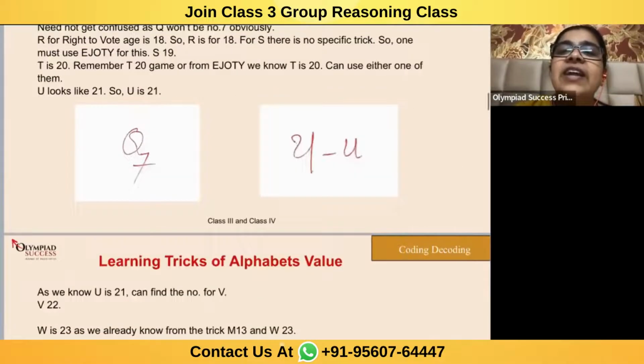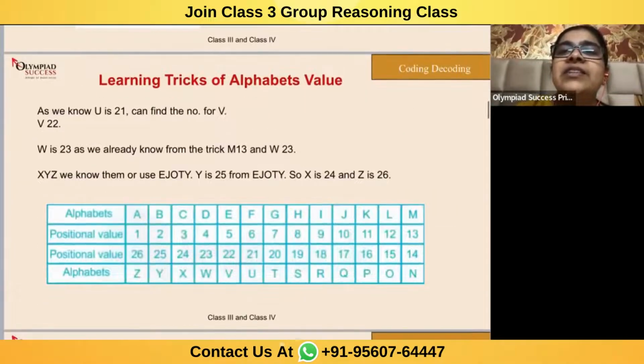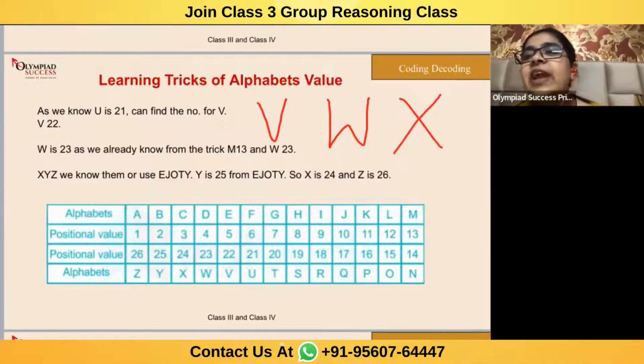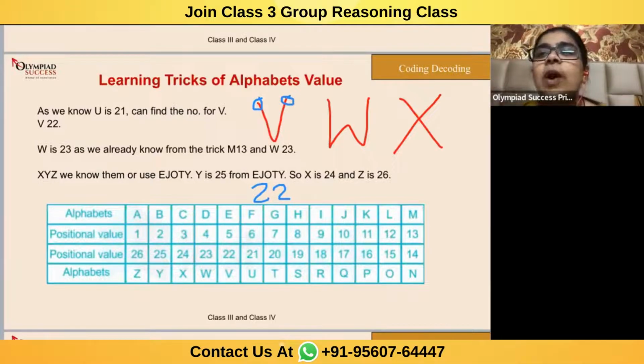Now I have a very fantastic way to remember the remaining three: V, W, and X. Count the number of openings. How many openings in V? 2. So this will be 22. How many openings in W? 1, 2, 3. 23.